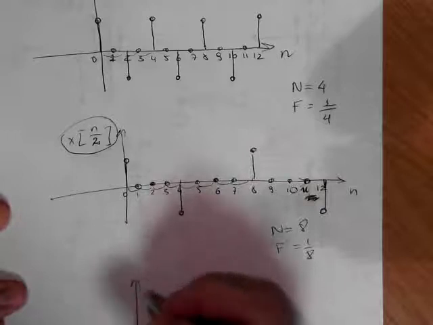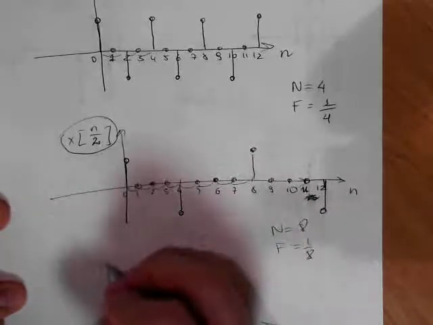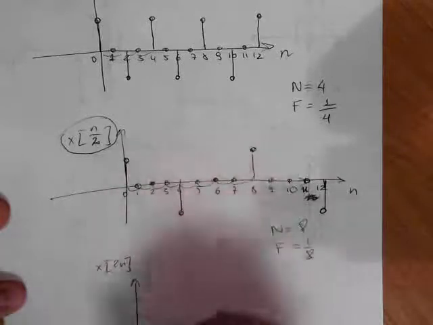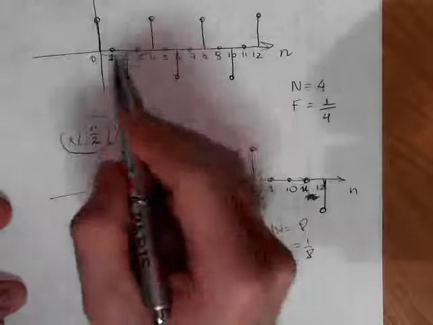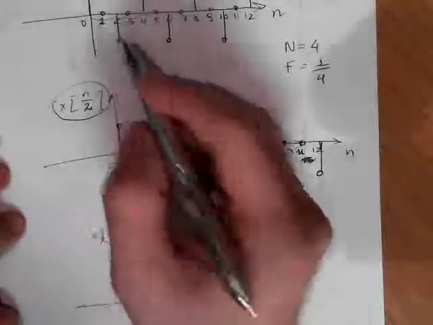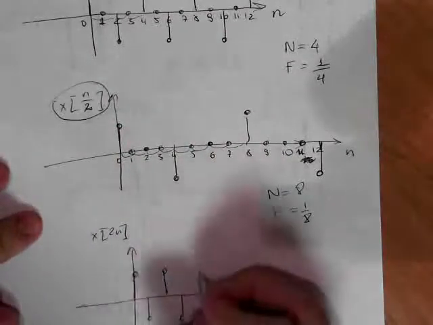Now the second option is when we have x[2n]. So now we divide by 2. What stays on 0? What was on 1 disappears. We take only what was on 2, so it goes on 1, and all others are like this.